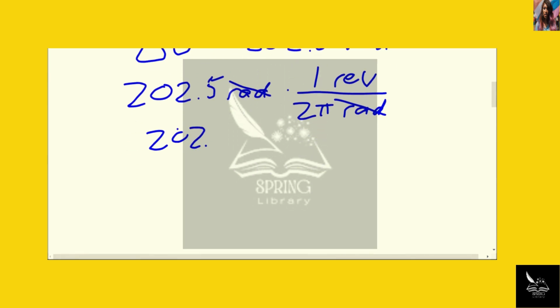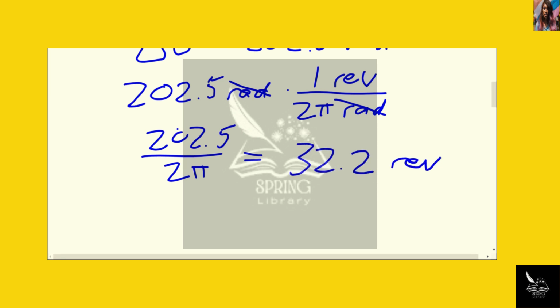And we get 202.5 over 2 pi, or 32.2 revolutions. And that is how many revolutions are executed before our drum comes to rest.